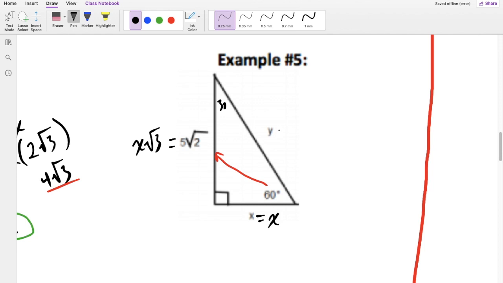And our hypotenuse is just 2x. So again, I want to find out which of those things I just wrote is actually equal to a number. Here we can see it's this piece over here. So I just need to solve for x. Since x is being multiplied by something, I'm going to divide both sides by the square root of 3.